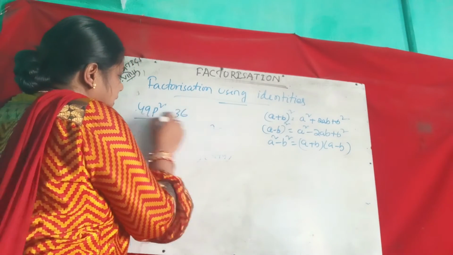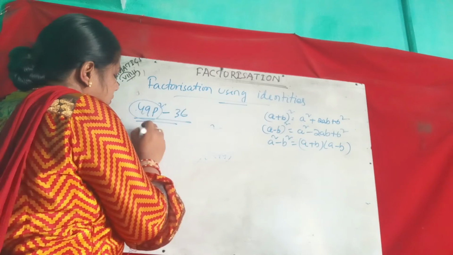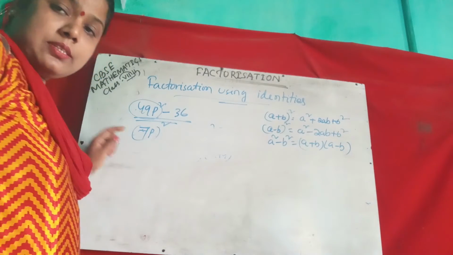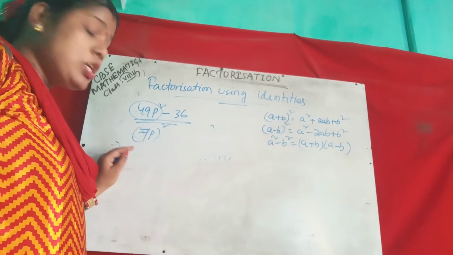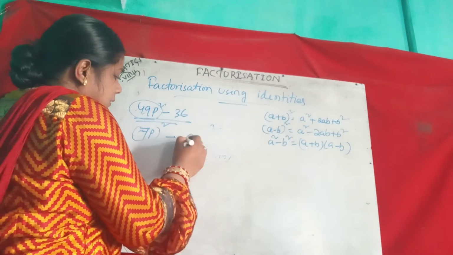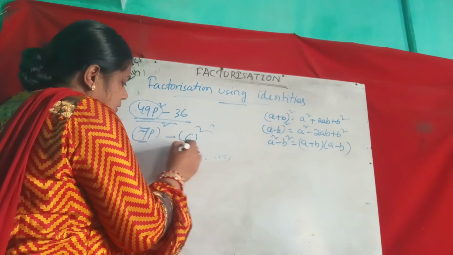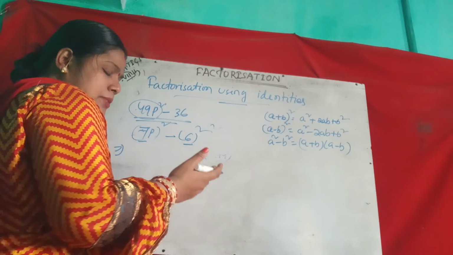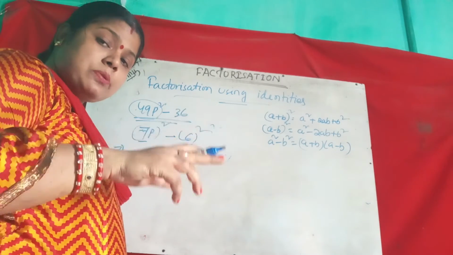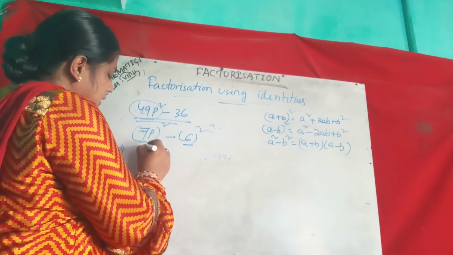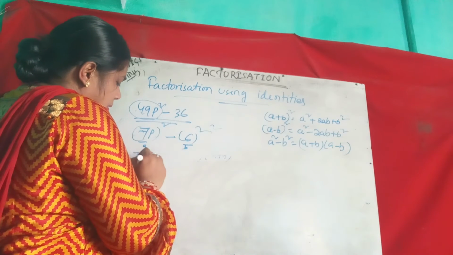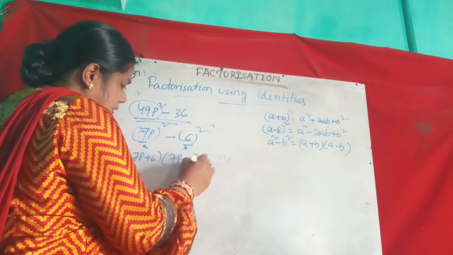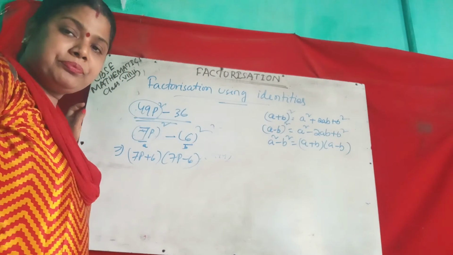Which identity here? 49p square means (7p) whole square, and 36 means 6 square, so that is a square minus b square. The factorization uses the identity a square minus b square equals (a plus b) into (a minus b). So here it is a, it is b. So (7p plus 6) into (7p minus 6).